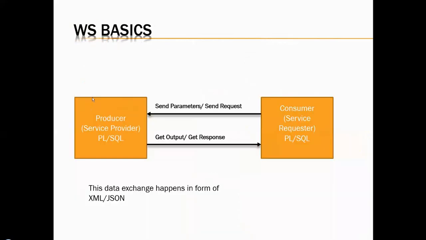That is the reason I say there is a producer and a consumer, where the consumer passes parameters to the producer, the producer sends back a response to the consumer, and they talk to each other in XML format. That is the way data is exchanged between the two systems. Why is it like that? Because what if the producer program is in Java and the consumer program is in PL/SQL?